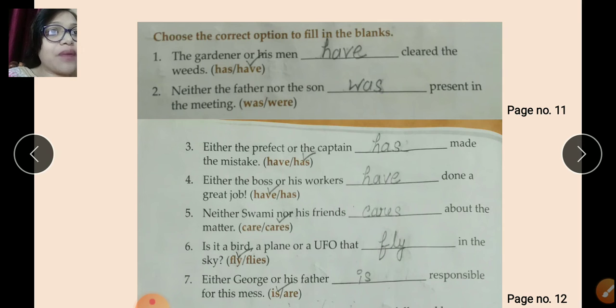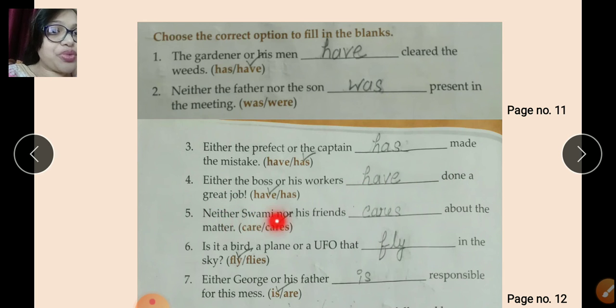Choose the correct option to fill in the blanks. The gardener or his men have cleared the weeds. Neither the father nor the son was present in the meeting. Either the prefect or the captain has made the mistake. Either the boss or the workers have done a great job.